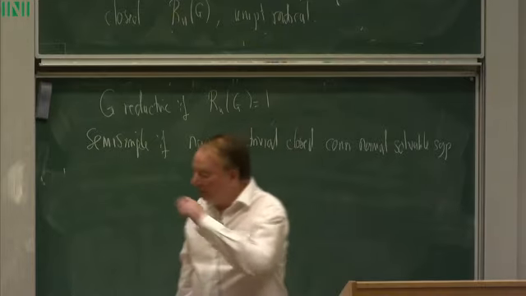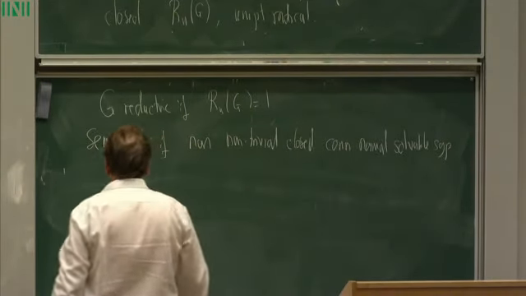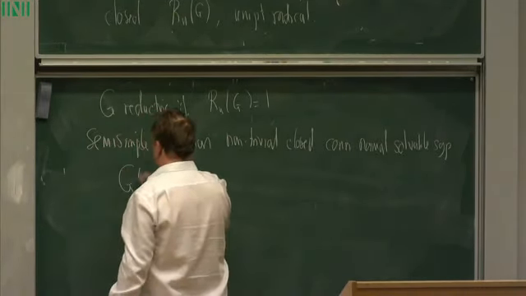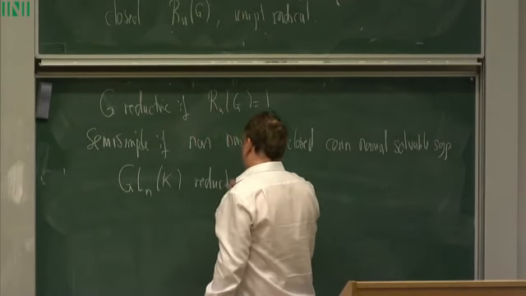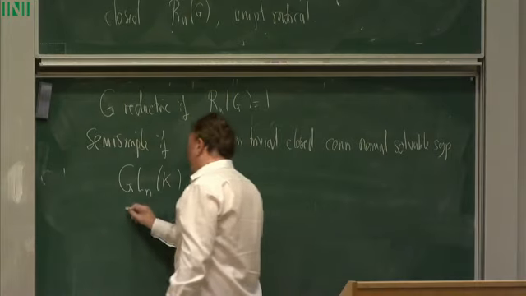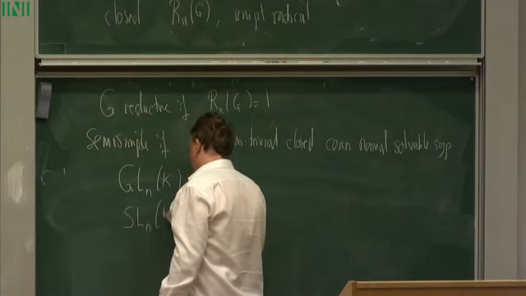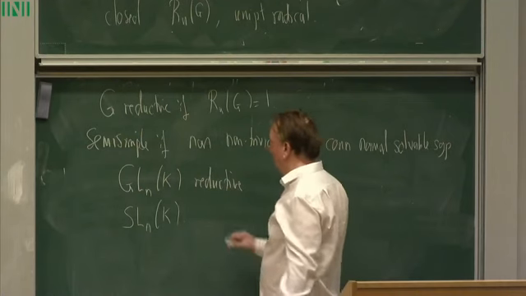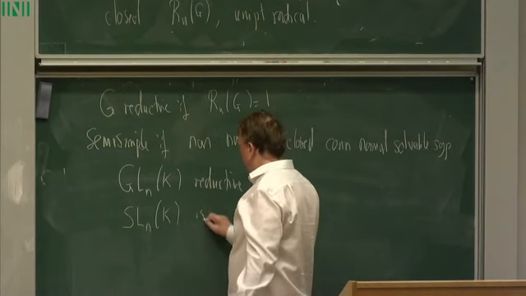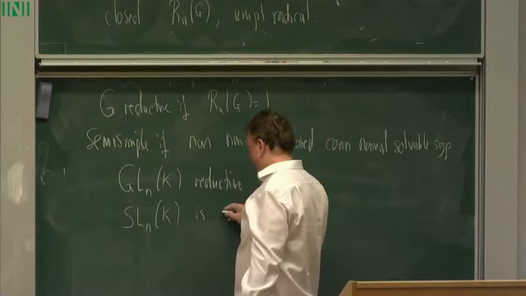So, for example, the general linear group is reductive. And the special linear group is reductive but not semi-simple because it has a center. SL_n is semi-simple.